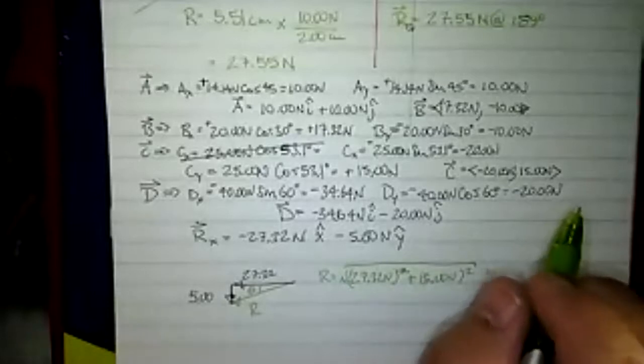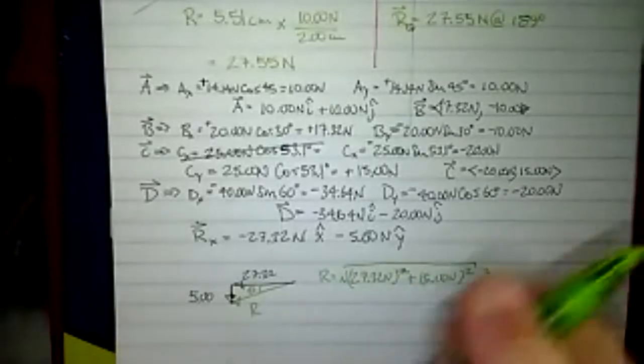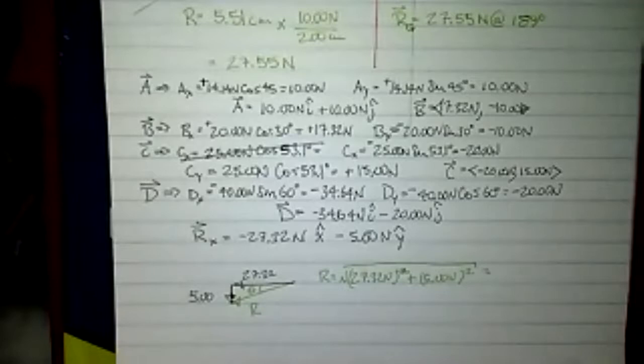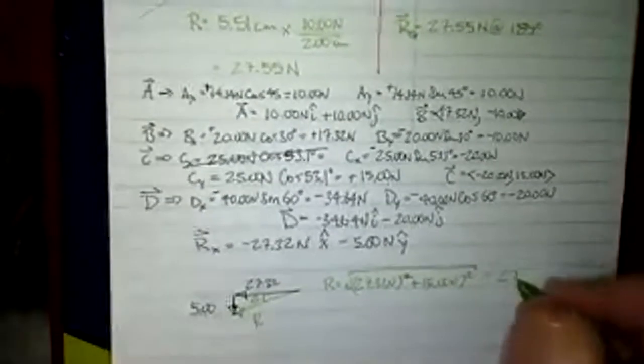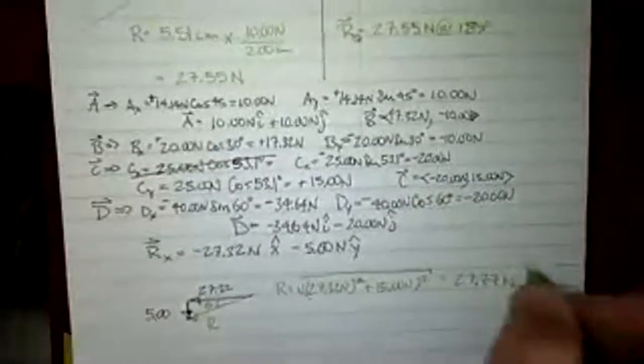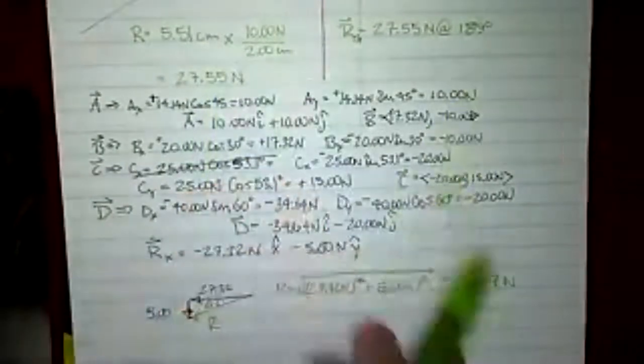Now when I take the sum of the squares of those two, double check my math, 27.32 squared and 5 squared, take the square root, I get 27.77 newtons. Not too bad. I'd come up with 27.55.